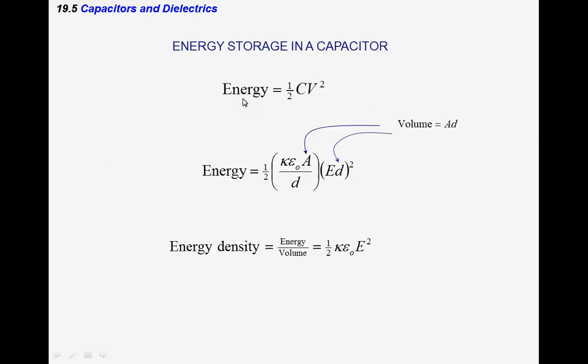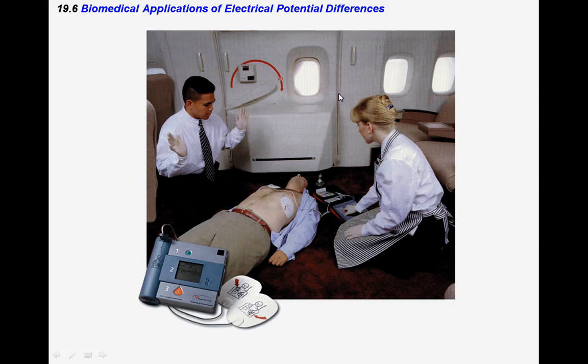So the energy that you can store in a capacitor is 1/2 C, the capacitance of a capacitor in farads, times the voltage of the battery that you have connected squared. That's how much energy can be stored in a capacitor and accessed for some time in the future.